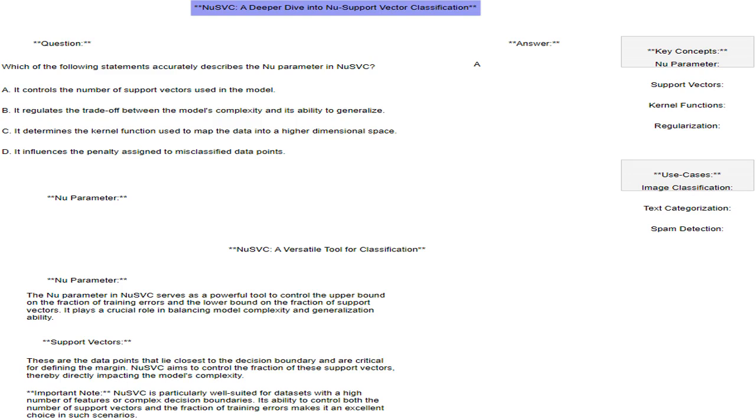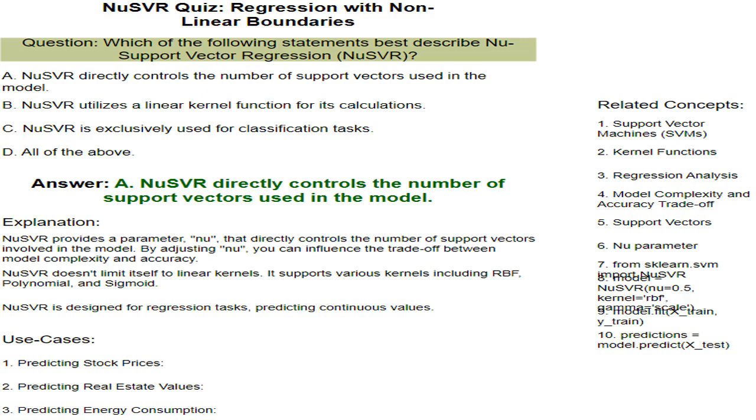It supports various kernels including RBF, polynomial, and sigmoid. C is false. NuSVR is designed for regression tasks, predicting continuous values.